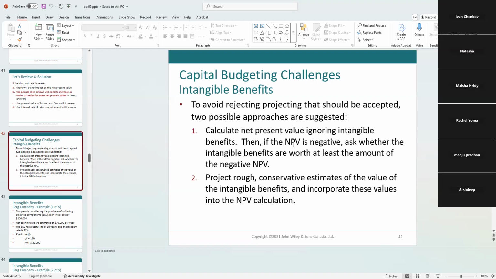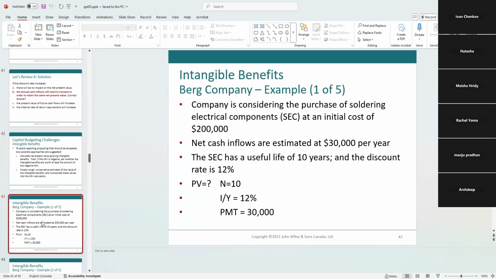Sometimes you're looking, it's okay, I'm not getting 12%, I'm getting a little bit less than 12%, but I like the color. I want to go with the color. So we have to get rough conservative estimates of the value of the intangible benefits in order to get the right decision.